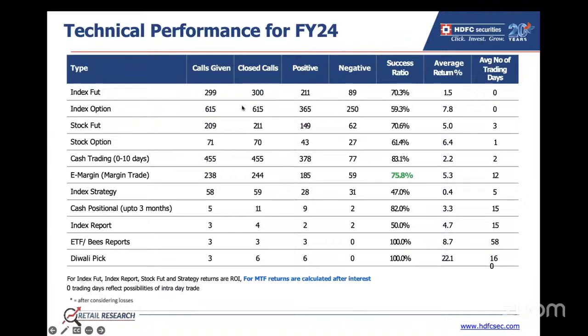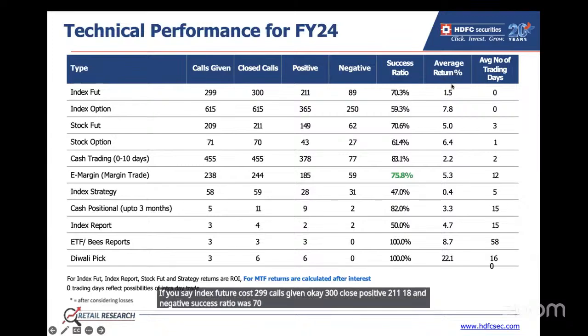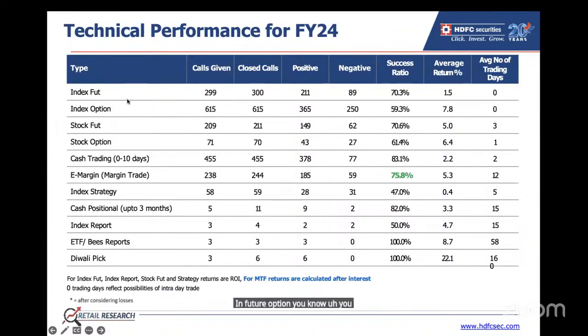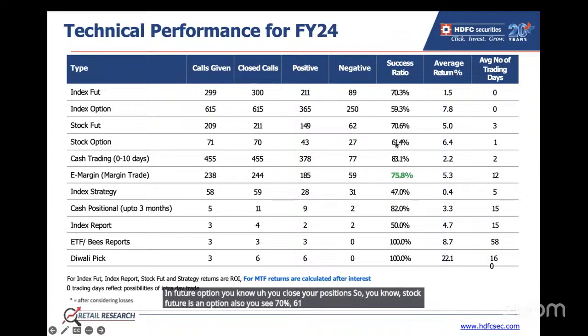If you say index futures calls, 299 calls given, 300 closed, positive 211, 89 negative, success ratio was 70%, average return was 1.5%. Since it was index futures and options, average number of trading days is 0 because in futures and options you close your positions. Stock futures and options you see 70%, 61% is the success ratio.